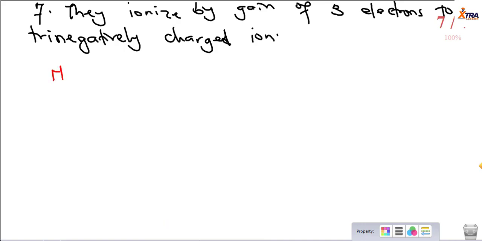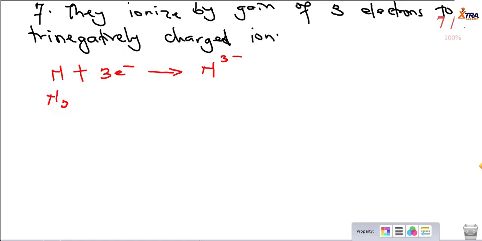Nitrogen here ionizes by gain of 3 electrons to form that, right? Although nitrogen does not exist as N in nature, right? So what do we do?